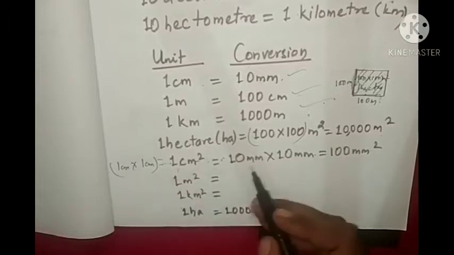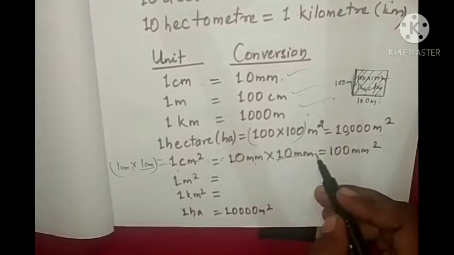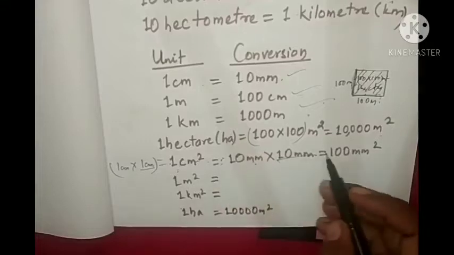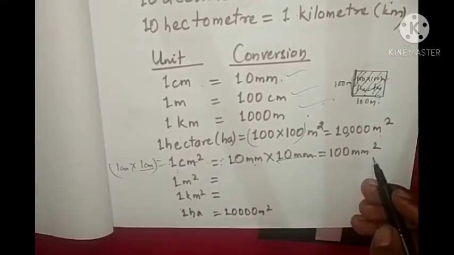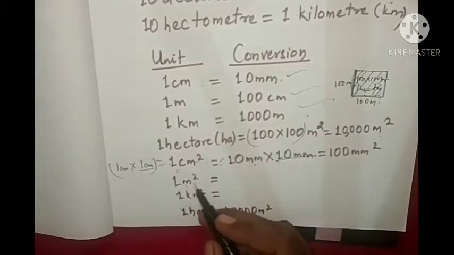For 1 centimeter we write 10 millimeter, and for the other 1 centimeter we get another 10 millimeter. So 10 millimeter into 10 millimeter equal to how much? 100 square millimeter.